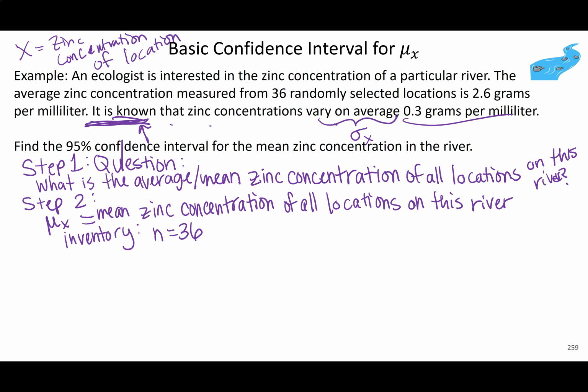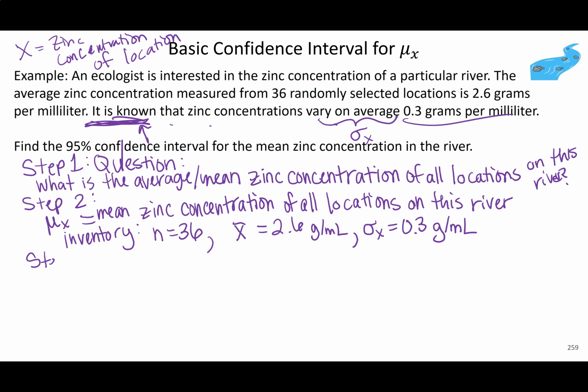Just throwing it out there. The average of those 36 locations, so that's X bar, is 2.6 grams per milliliter. I'm not dropping my units. And then we have sigma of X is 0.3 grams per milliliter.